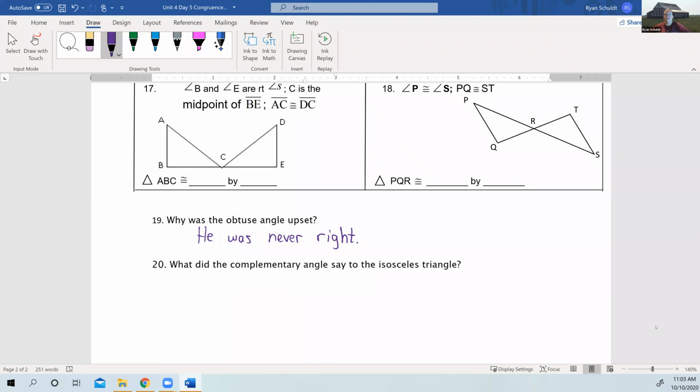Number 20. What did the complementary angle say to the isosceles triangle? So let's see, what do we know about an isosceles triangle? What are these things called right here?